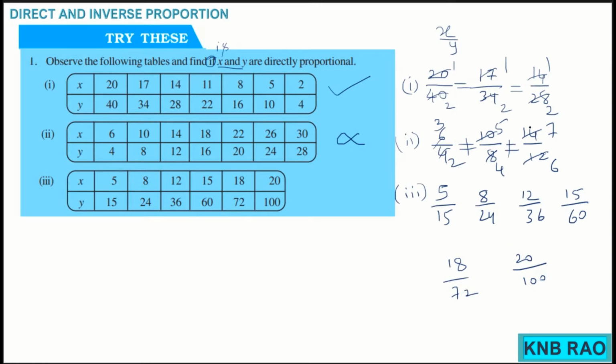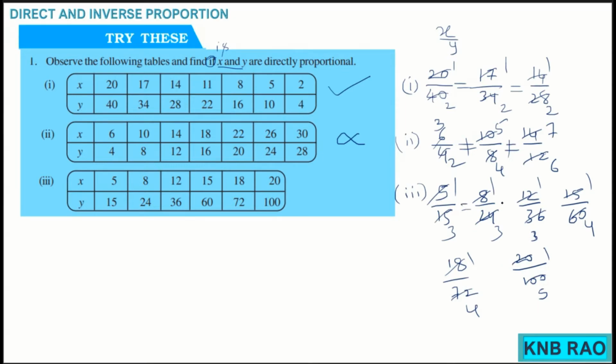If you watch here, 5 1s are 5, 5 3s are 15; 8 1s are 8, 8 3s are 24; 12 1s are 12, 12 3s are 36; 15 1s are 15, 15 4s are 60. Here you can see 18 1s are 18, 18 4s are 72, 20 1s are 20, 20 5s are 100.